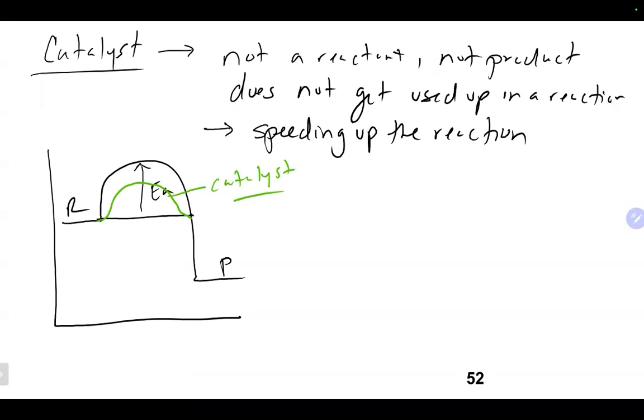And the result of that is, because the energy hill is much smaller, it is easier, and there's a lot more particles that have enough energy to get up and over to the other side. And that basically speeds up the chemical reaction. When you add a catalyst, it just gets there faster. There's actually no change in the equilibrium. So that is one way you could actually get a no change situation, if you add a catalyst.